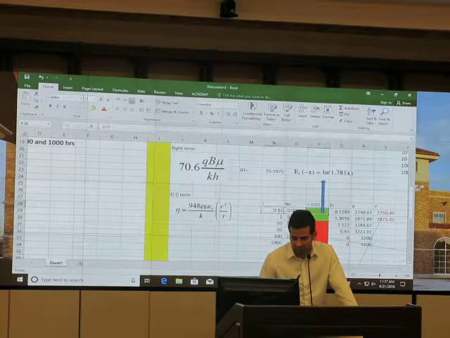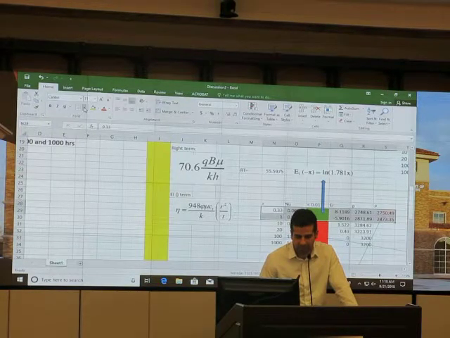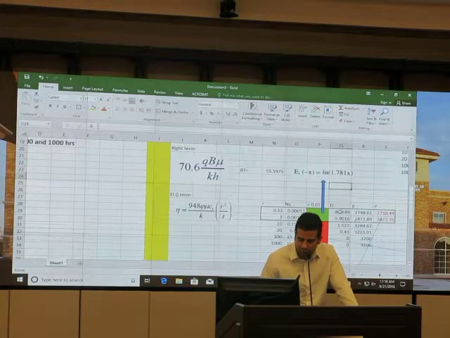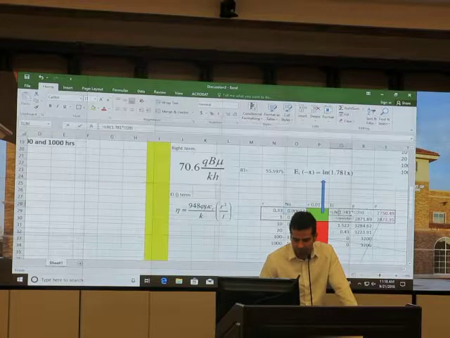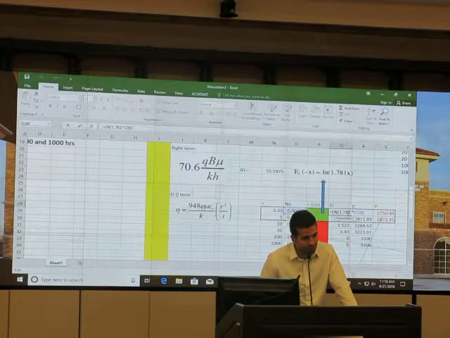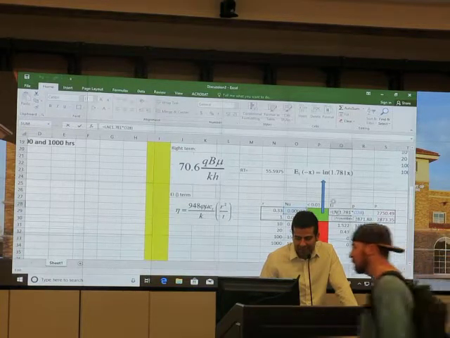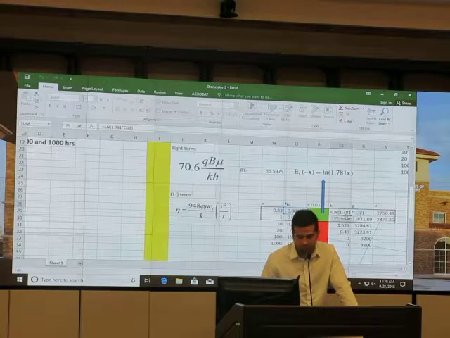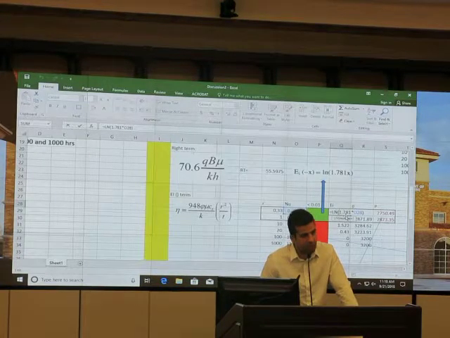So let's talk about these numbers over here. How do you calculate EI? If your x or mu is less than 0.01, to get the EI of x, you just have to use this formula, which is the natural logarithm of your mu multiplied by 1.781.